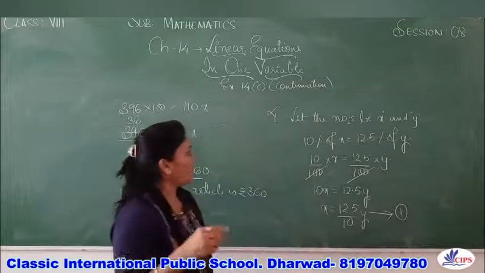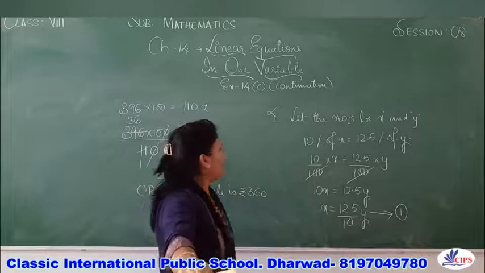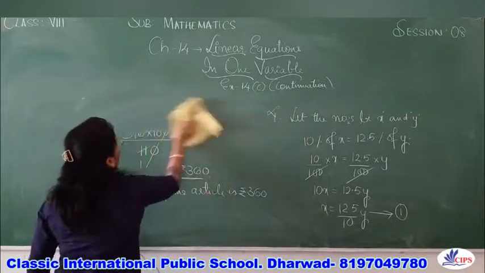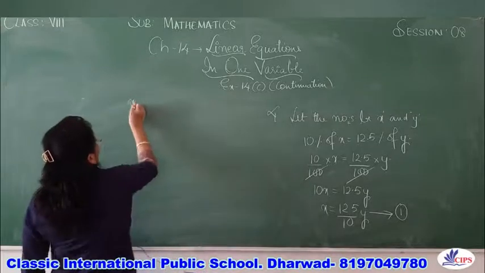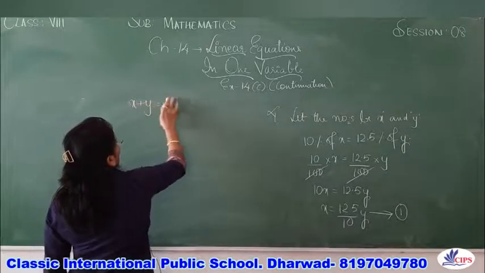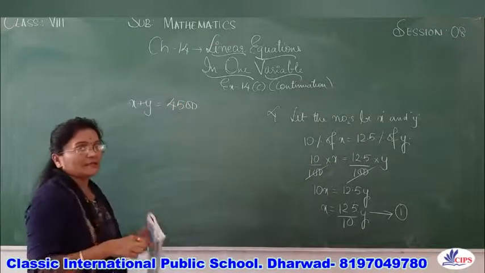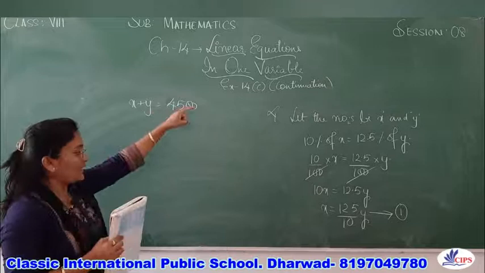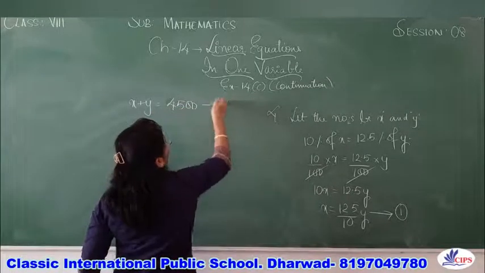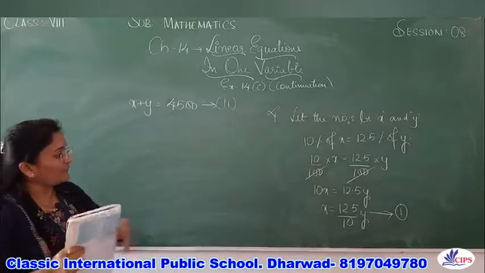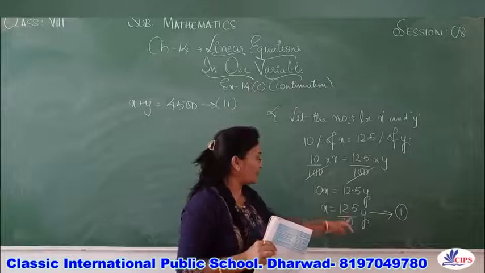Got it. Now as they have told you the sum of two numbers is 4500, I'll write that. So here x plus y is equal to 4500, isn't it? As they have told you, the sum of two numbers is 4500. So this will be equation 2. Now see here, when we have solved this, we have got the value of x: x is equal to 12.5 by 10 into y.